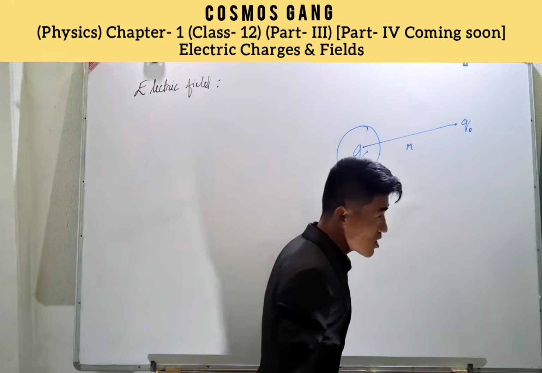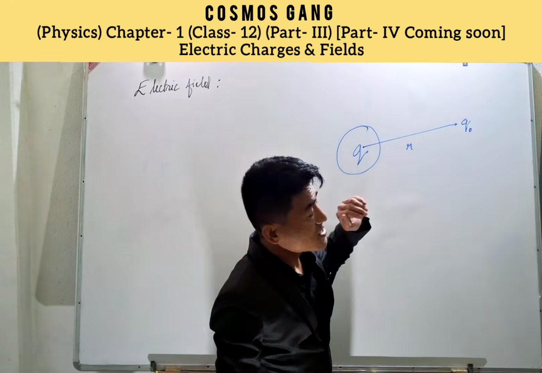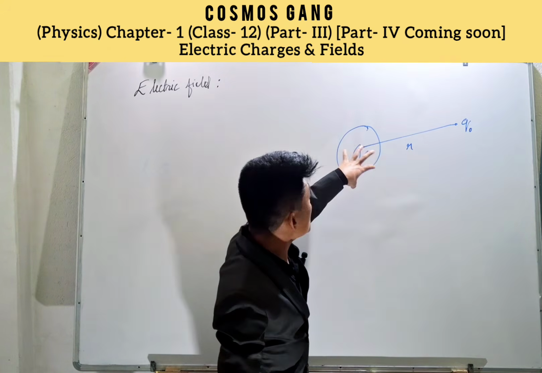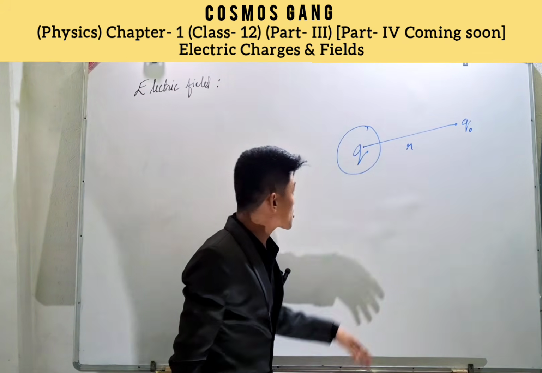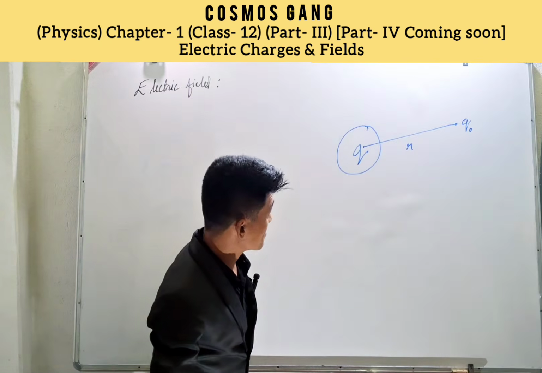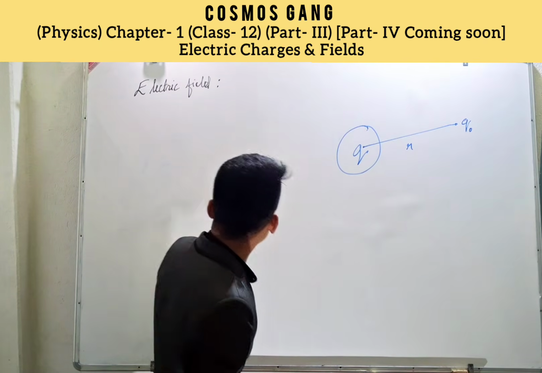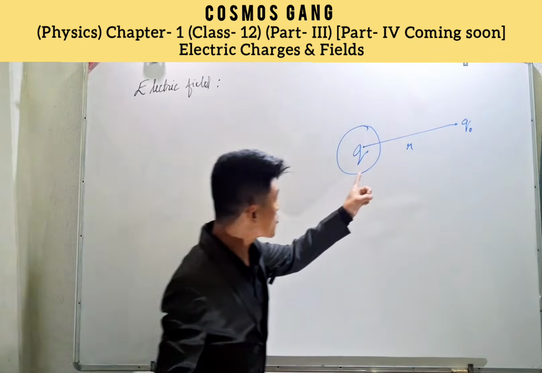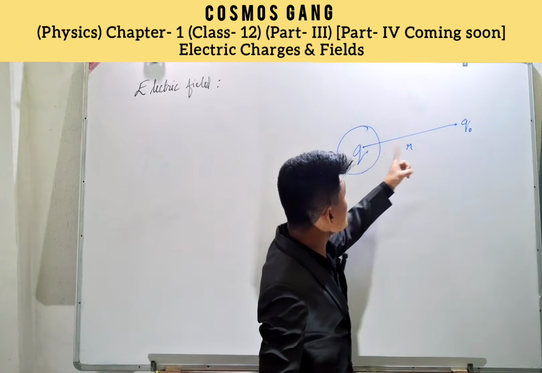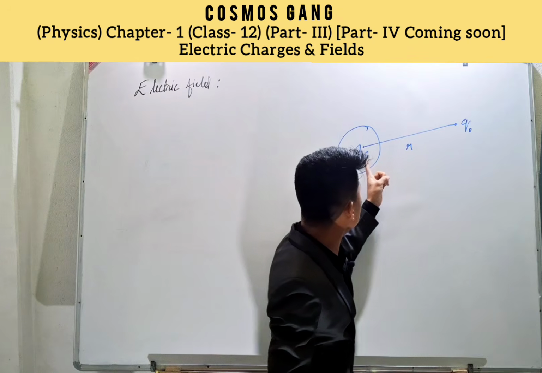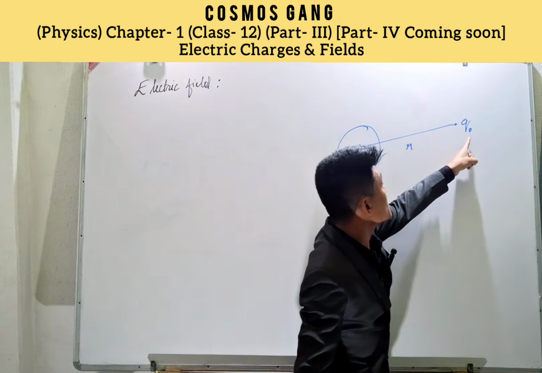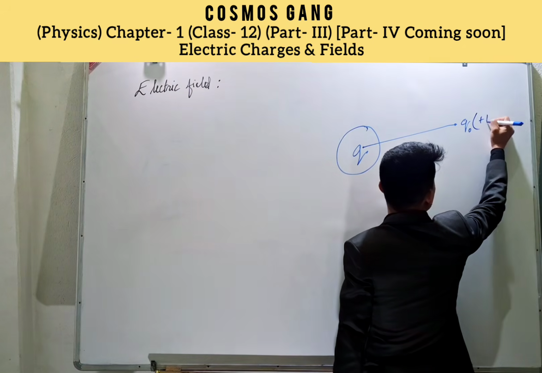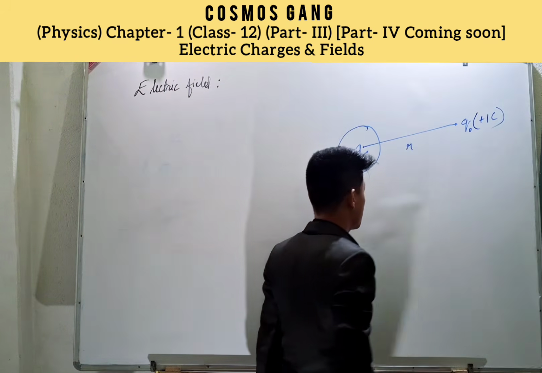That force will give us the electric field at this point in the surrounding space of this charge. So I can define my electric field as the ratio of the force acting on Q naught due to Q to the test charge, that is, a unit positive test charge.